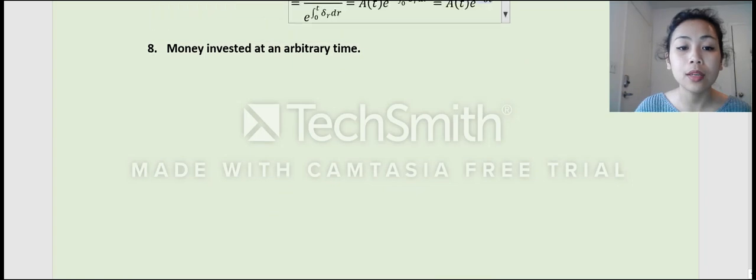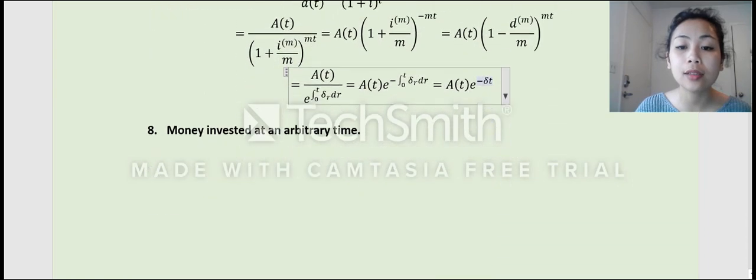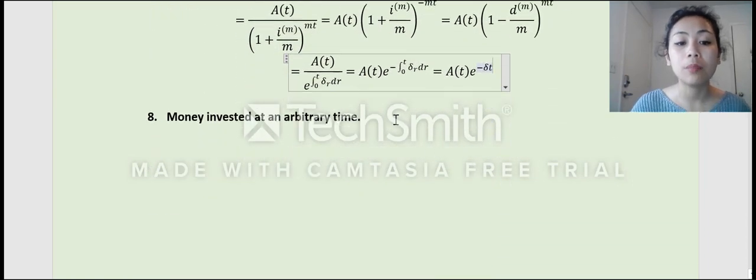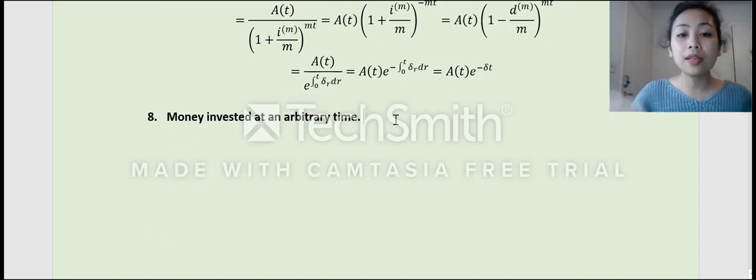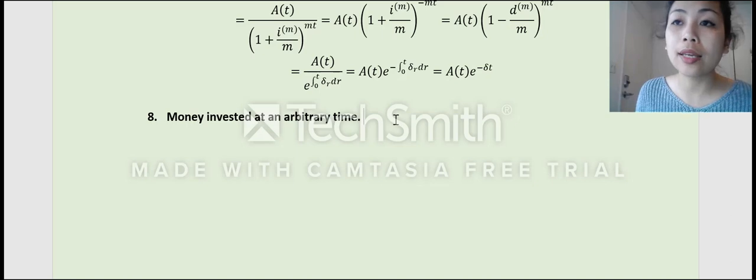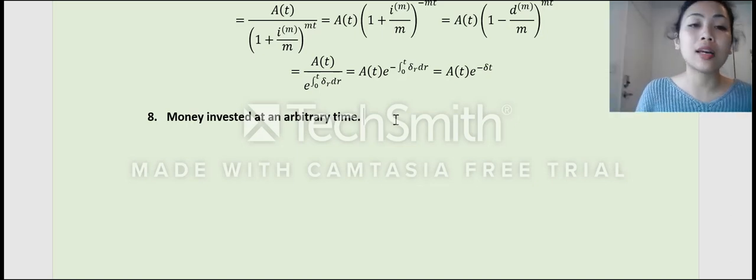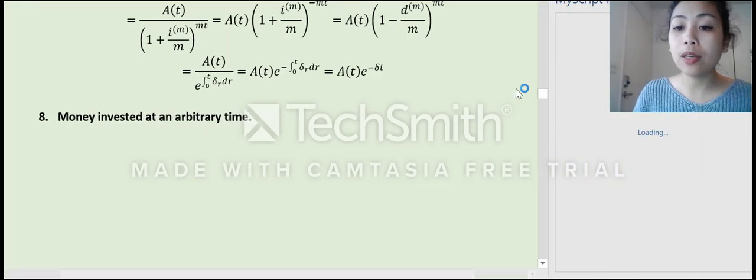So now we go to the last topic of today, that is money invested at an arbitrary time. From the beginning up to now, we've been working on the case where money is invested at time 0. Now my question is, what if the money is not invested at time 0?